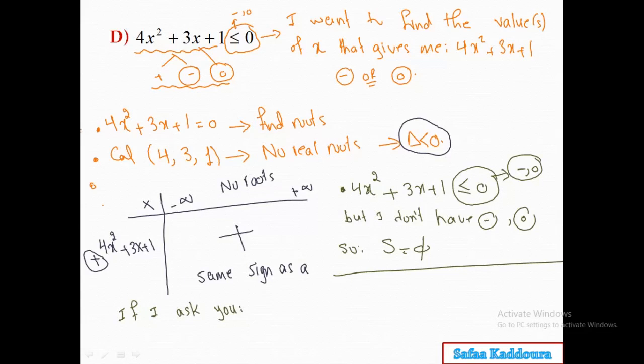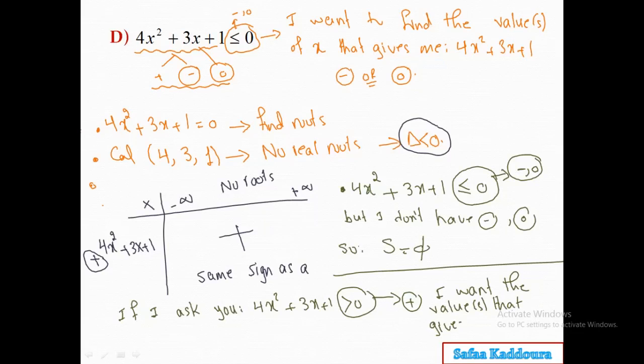Now, if I ask you to solve 4x squared plus 3x plus 1 greater than 0. What do we mean by greater than? I mean plus. That means I want the values of x that give me a positive value.